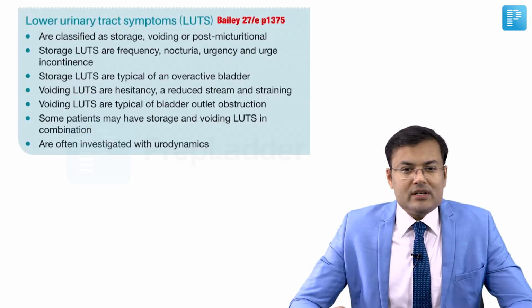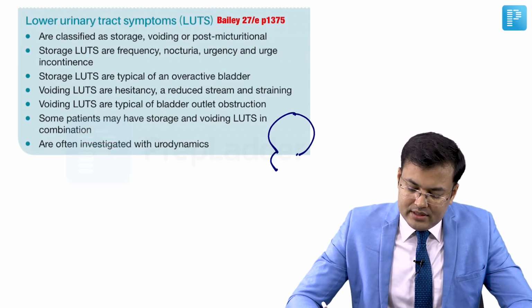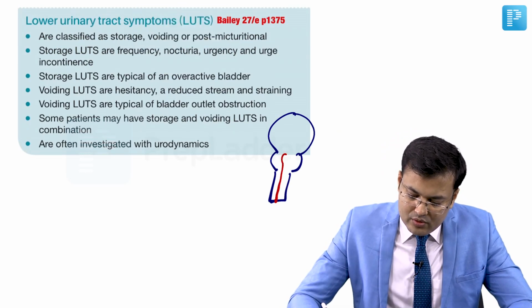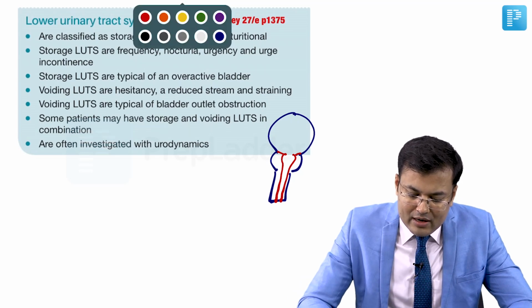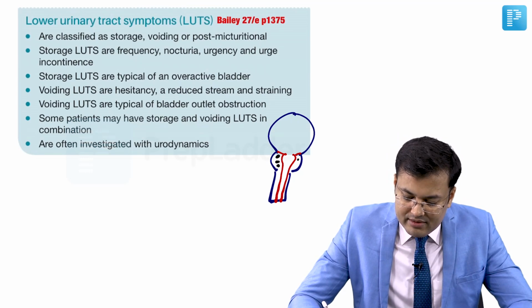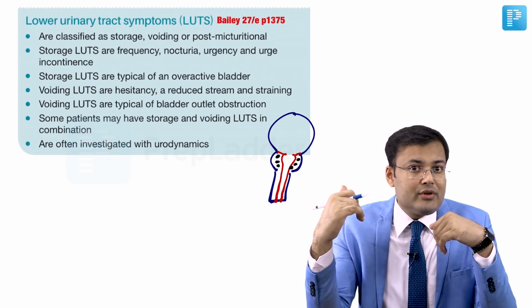It is very easy to understand lower urinary tract symptoms. Imagine this is the bladder, this is the prostate, and this is the urethra. Clear? Okay. Generally in elderly patients, one of the common causes of bladder outlet obstruction is BPH. So imagine this patient is having BPH. Because of this BPH, there is obstruction of the urethra.